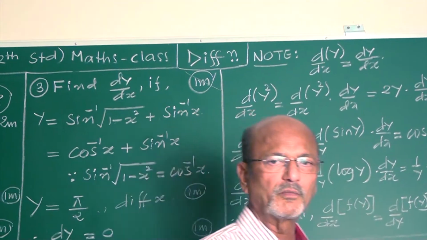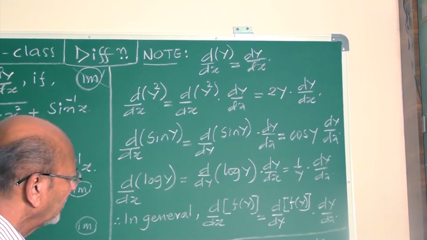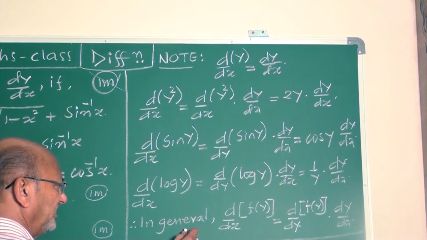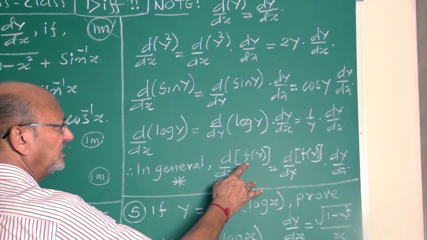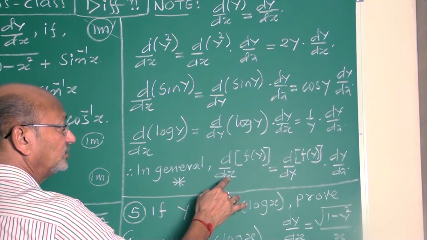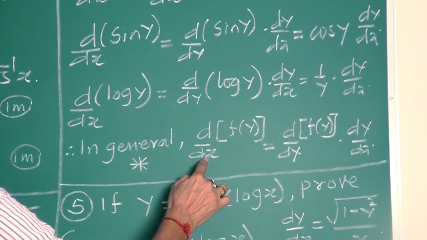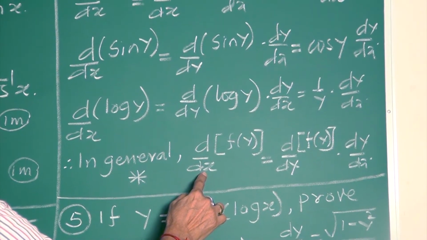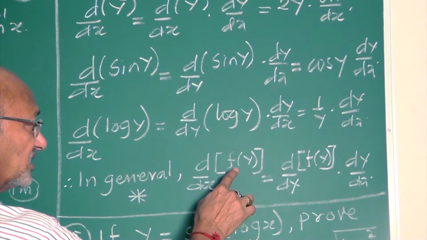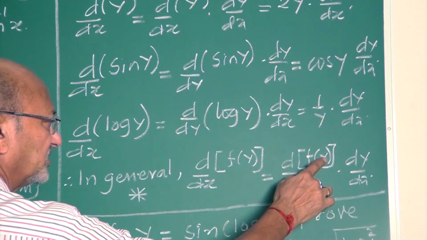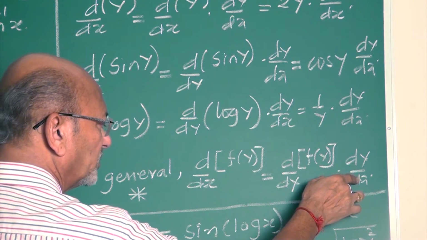Next, one more property is there, my friends. That property, I will first explain. In general, in differentiating a function of y with respect to x, what your rule says is, if it is other than x, first differentiate the function of y with respect to y, then differentiate y with respect to x.